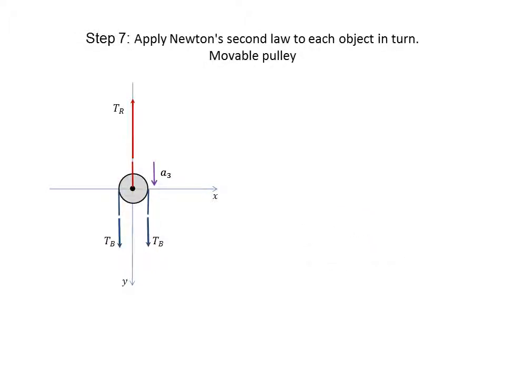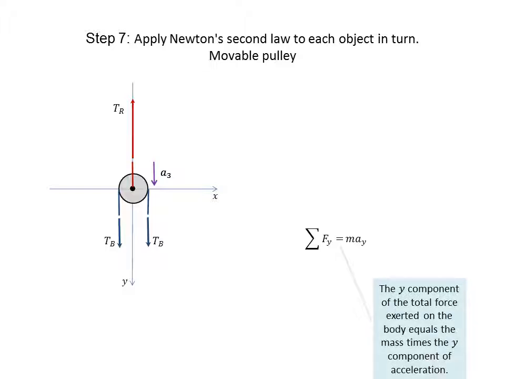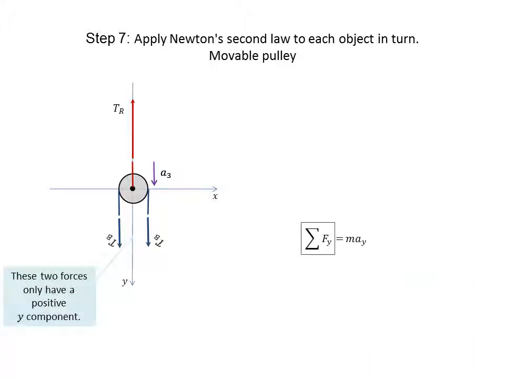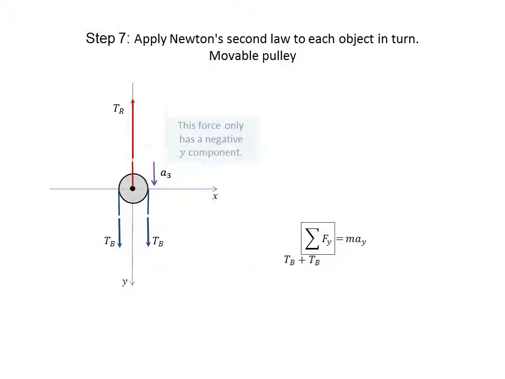Step 7. Apply Newton's second law to each object in turn. Movable pulley. The y component of the total force exerted on the body equals the mass times the y component of acceleration. These two forces only have a positive y component. This force only has a negative y component.